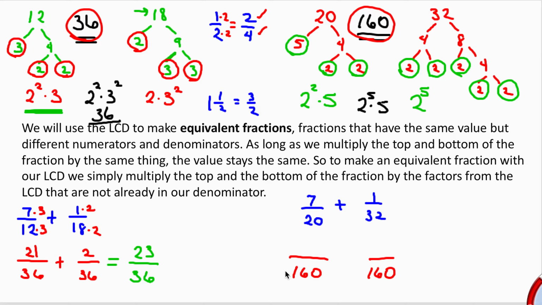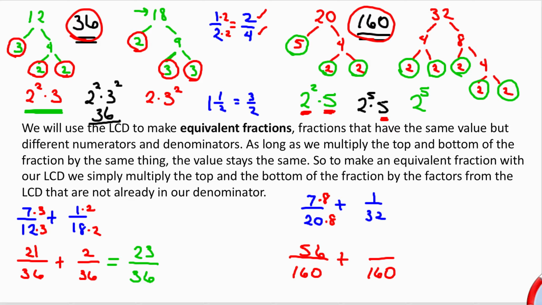Now 160 is a little bit bigger number than this 36, so here I might use that shortcut we were talking about. How do I know what to multiply 20 by? Well, let's look up here and compare. Look, this one has the 5 that this has, and it only has 2 2's though. This one has 3 2's. So I need to multiply by 3 2's. 2 times 2 is 4, times 2 is 8. Hey, that helps me figure out what to multiply by. 7 times 8 is 56.